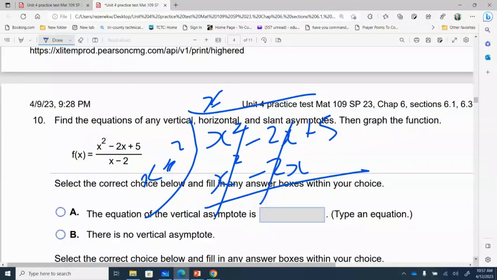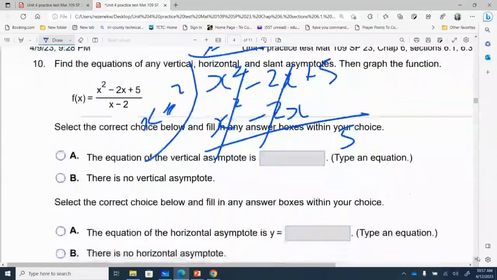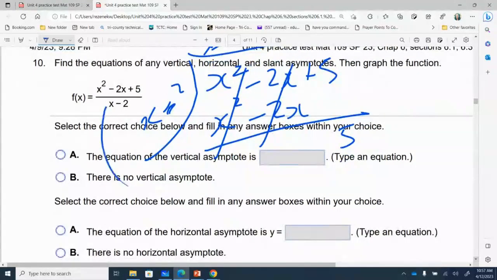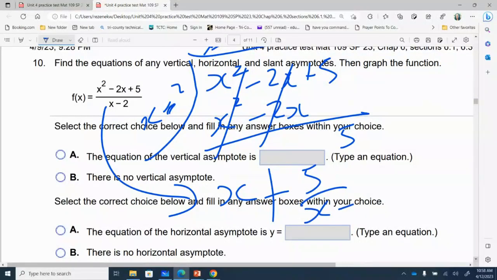Then I have a remainder 5. So actually I have the solution, and this quantity is equal to x plus 5 over x minus 2.